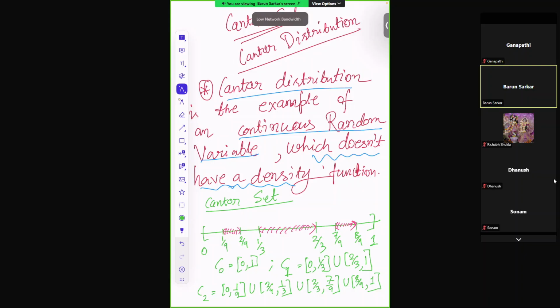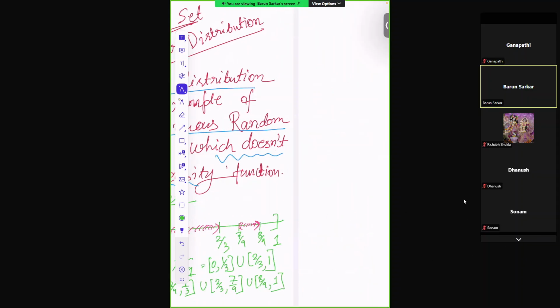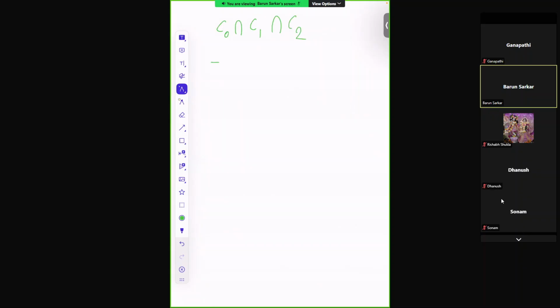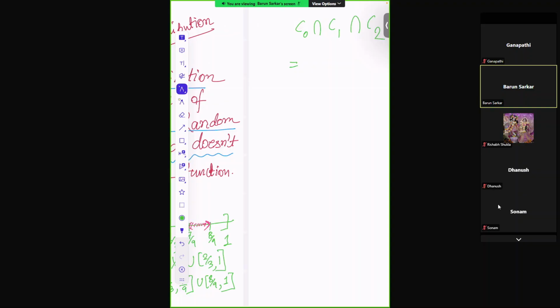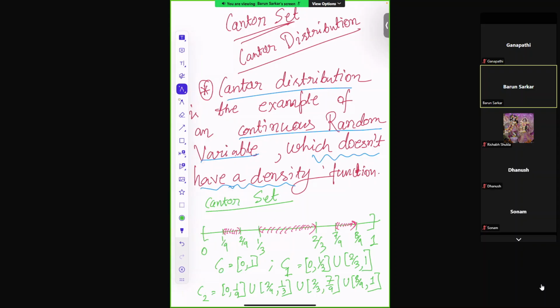So if you see now, C0 is [0, 1], C1 is [0, 1/3] union [2/3, 1], C2 is this one. So what about my C0 intersection C1 intersection C2? You see, this is a decreasing sequence of sets, correct?